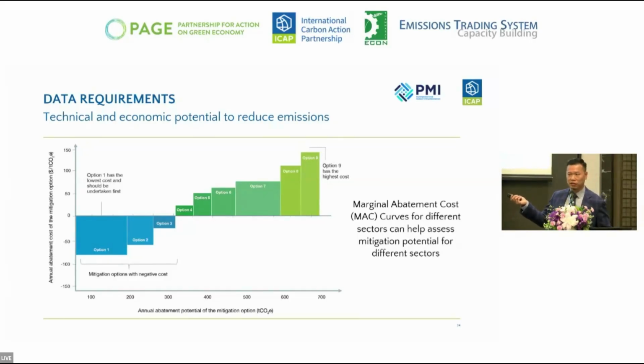It means these abatements cost nothing, they can earn money. For example, for energy efficiency improvement projects, if you invest some money, after 2-3 years, you can start to earn money from it. So that's negative carbon costs.